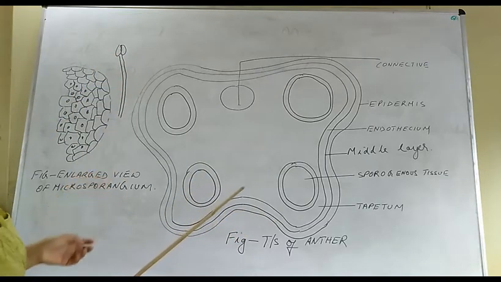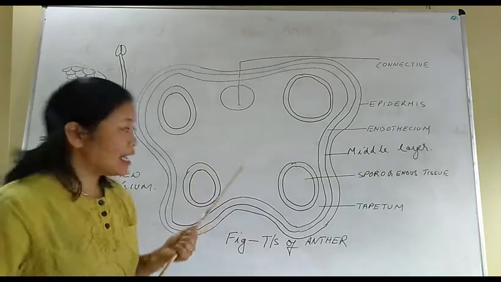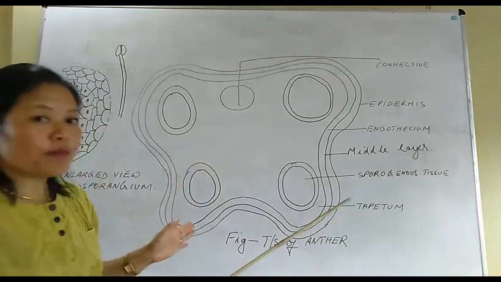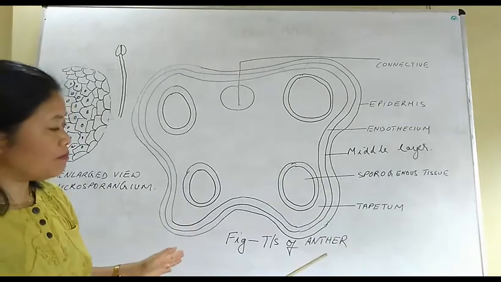Now, as I said earlier, there are 4 pollen sacs or microsporangia.